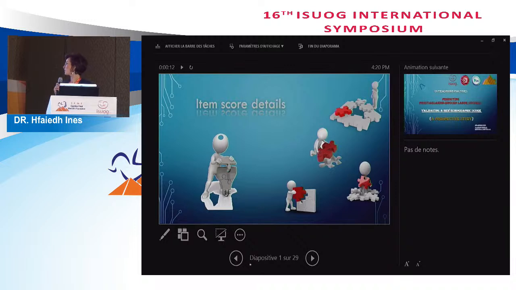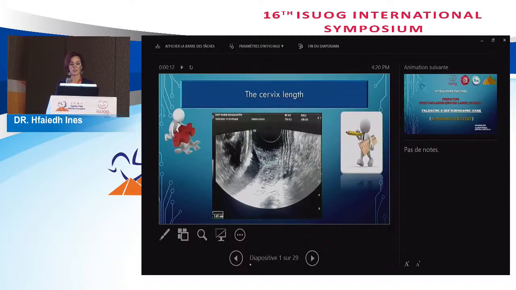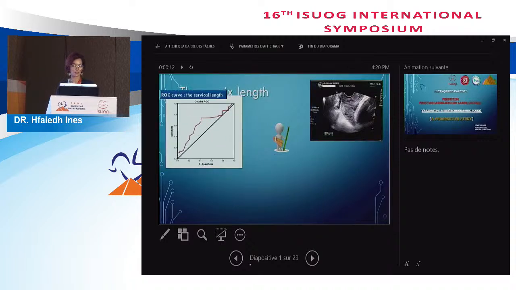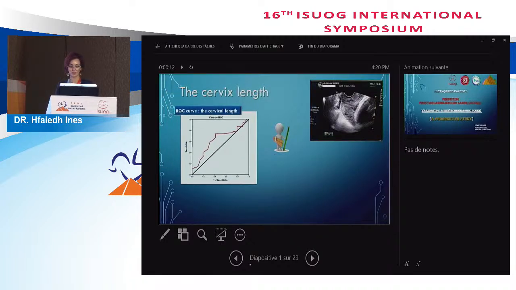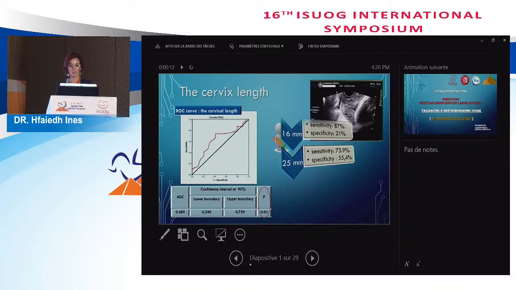So the item score details. The first item is the cervix length. So how do we get this length? We have the ROC curve, and the P value was significant.